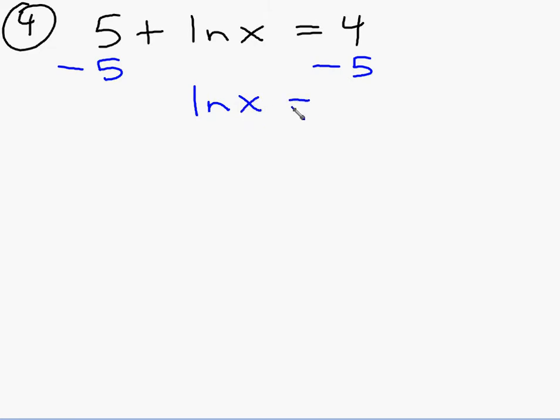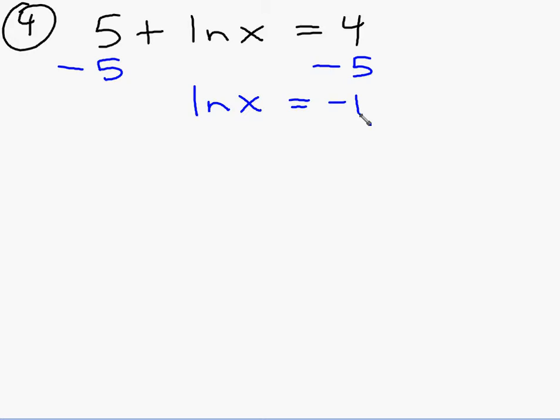How about this one? Five plus the natural log of x equals 4. Well, this is still algebra, so let's try to get this thing isolated a little bit. Subtract 5 from both sides so that I have the natural log of x equals -1.